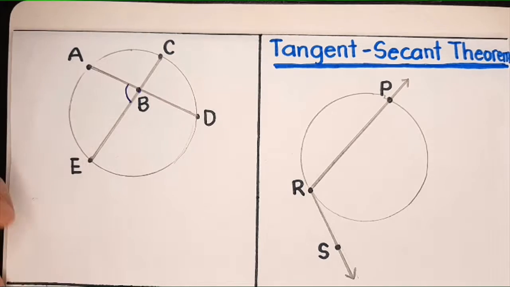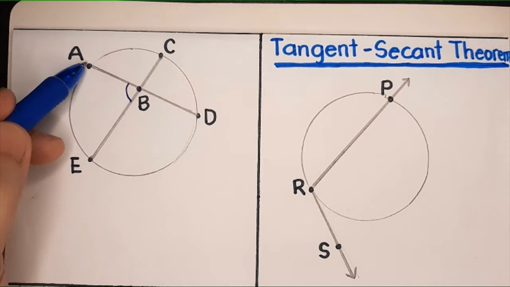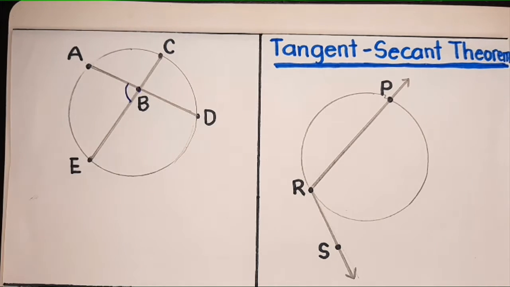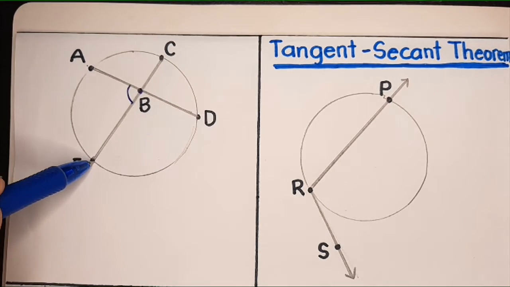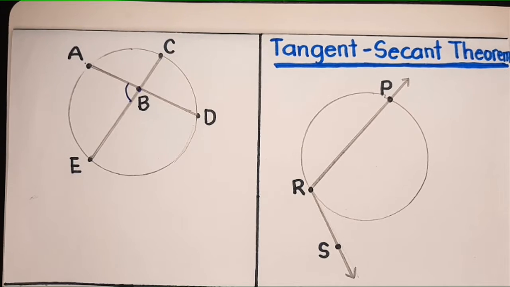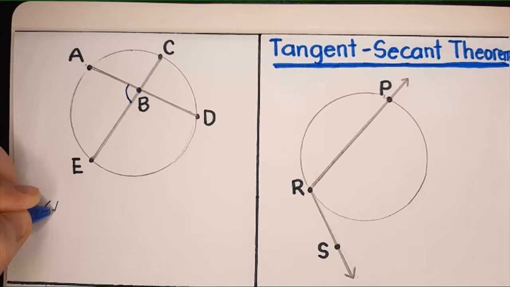Pwedeng this one. And so on. So, we cannot use a single letter to name this angle. So, how are you going to name this angle? That is your angle A, B, E. Okay? So, ano kaya ang measure ni angle A, B, E?